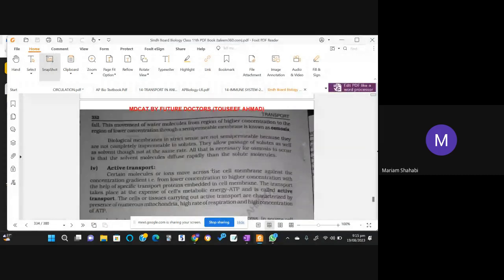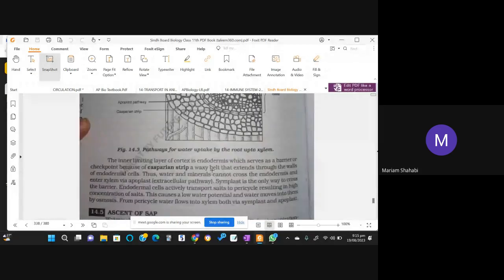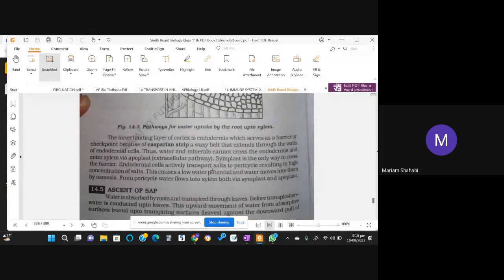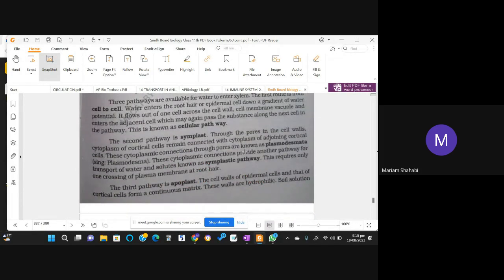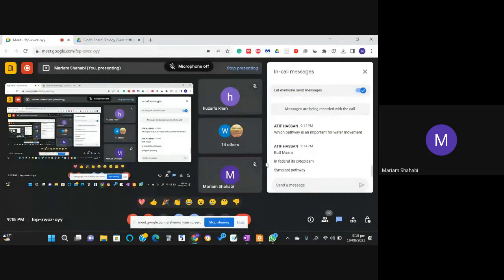Wait. Let's see. I have the book open इधर ना. यहाँ देख लेते हैं क्या लिखा हुआ है. In federal, it's cytoplasm, symplastic pathway. हाँ, if a book says something, learn it, ठीक है?